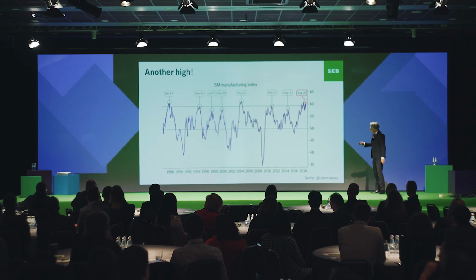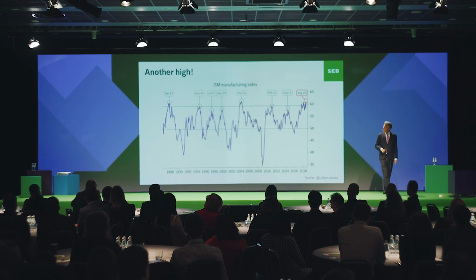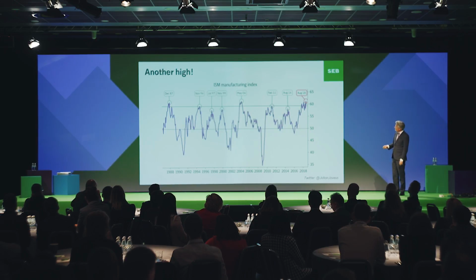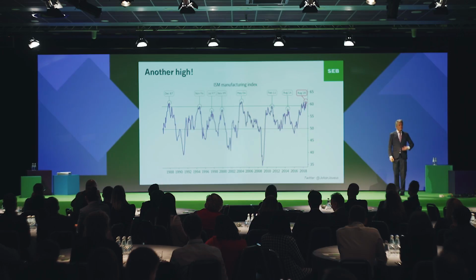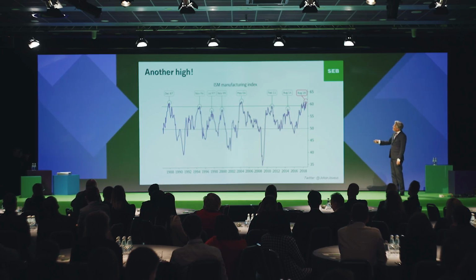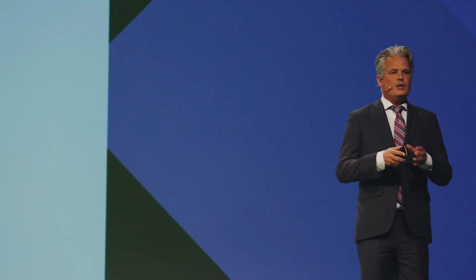And you can see it's been a volatile ride over the last three decades. Right now we're here at a very high level. Optimism in the US is strong. But you can see that it's very uncommon that we stay at these elevated levels for such a long time as we have so far.